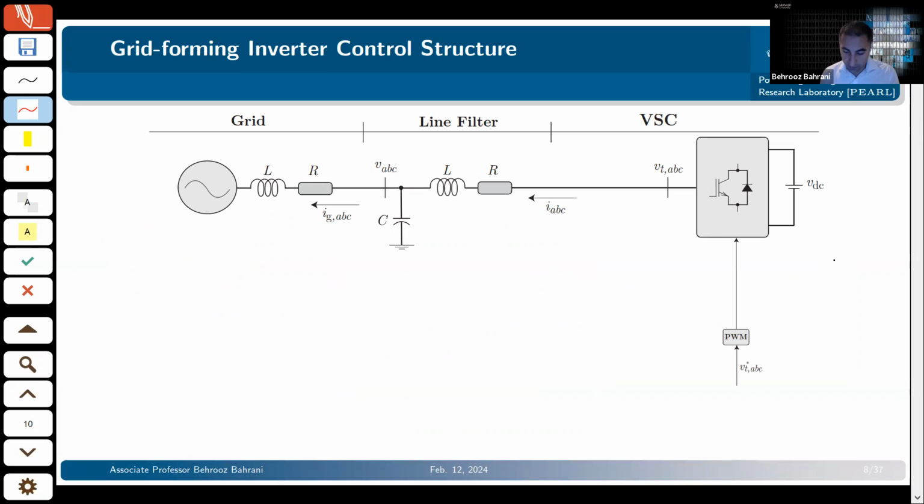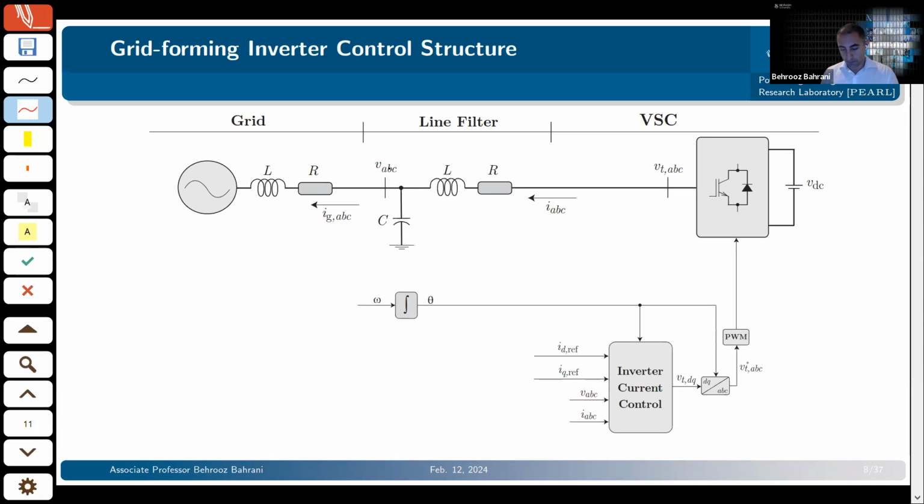Well, what is that VSG or droop? The way it operates is that you typically want to control the voltage at the point of connection of your grid forming inverter in order to be able to exchange power with the grid and provide the services that you require to the grid. Typically, you've got a current controller. That would be the first layer of the control system that controls the current of this inverter.